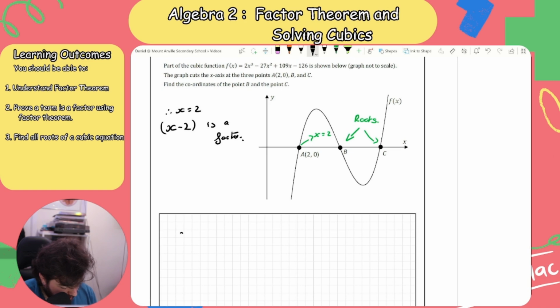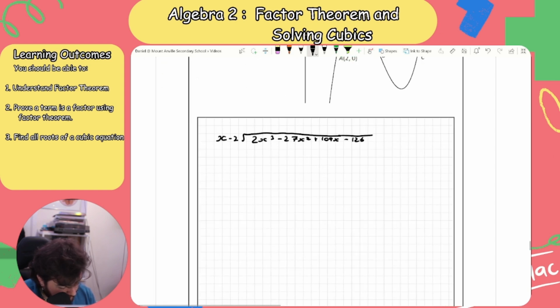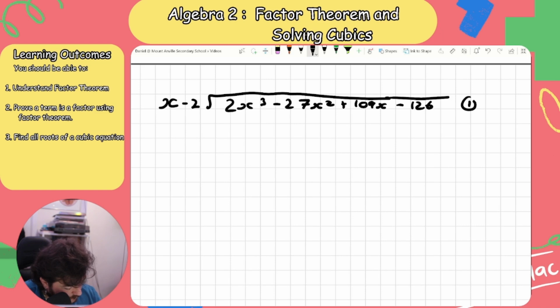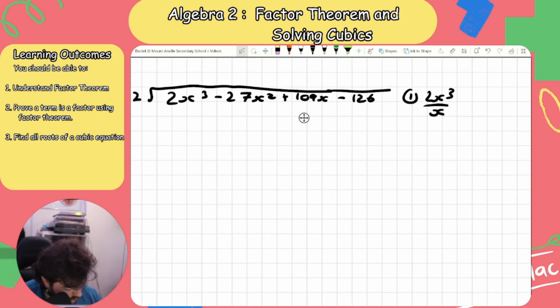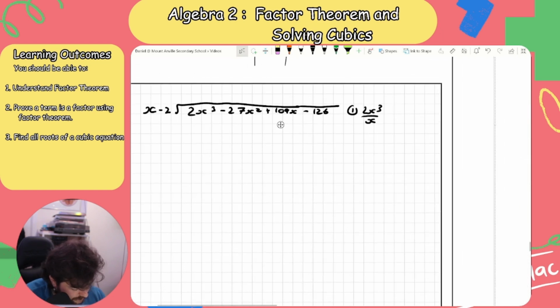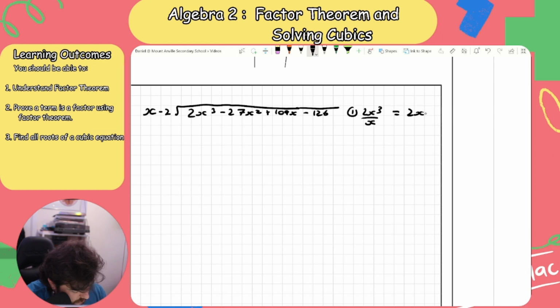So x minus 2 divided into 2x cubed minus 27x squared plus 109x minus 126. Right, divide in. 2x cubed divided by x was 2x squared.